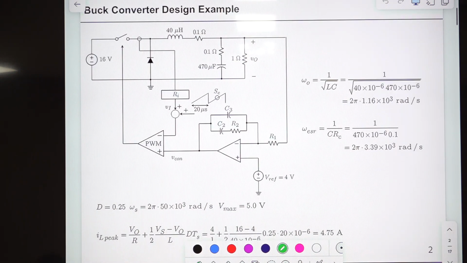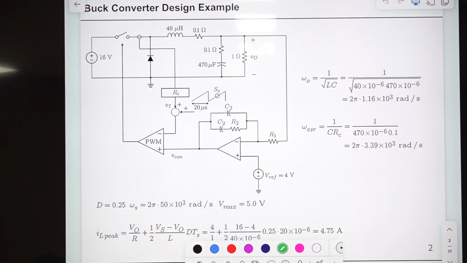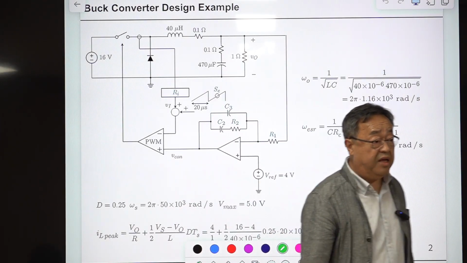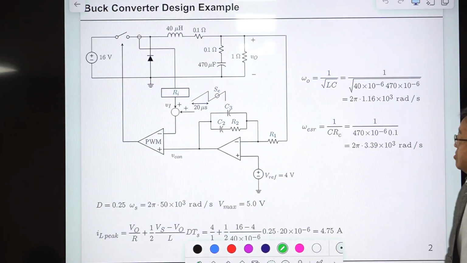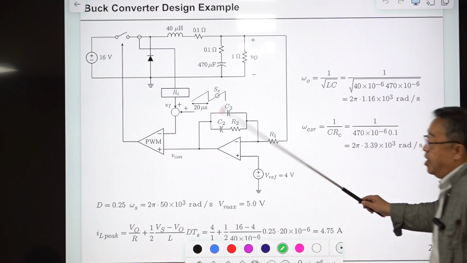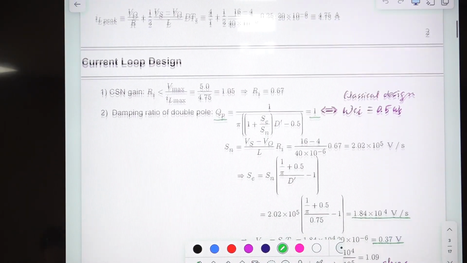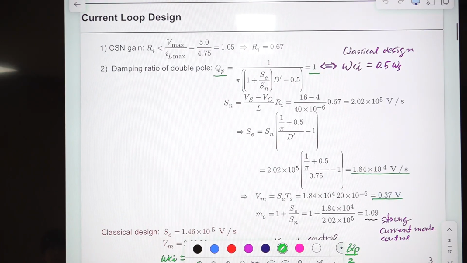Okay, so this is the circuit diagram of the buck converter we used in the previous lectures for the classical design and the performance evaluation. This remained the same, everything remained the same, and the difference is in the current loop design.